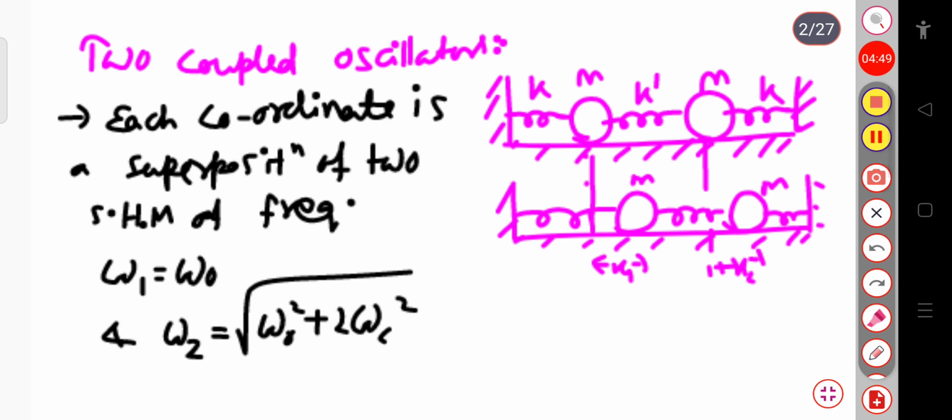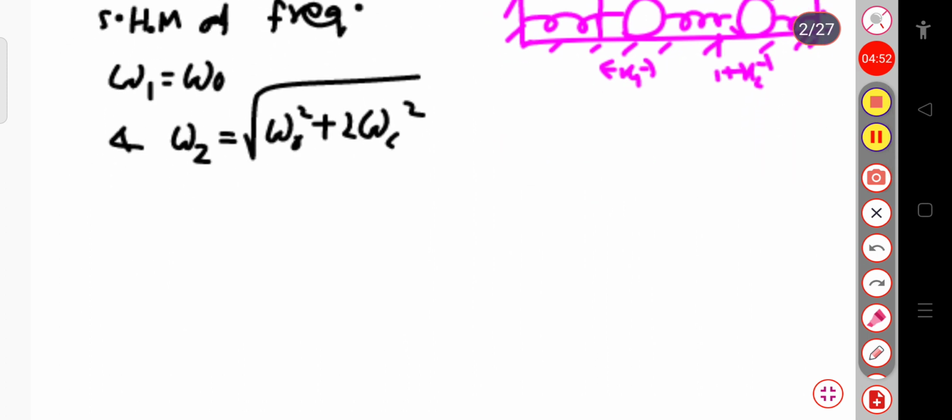Now the next important thing is for the normal mode. For the normal mode, these are the important points, so you should note them.